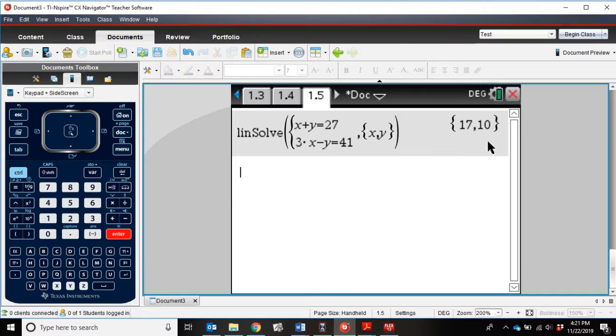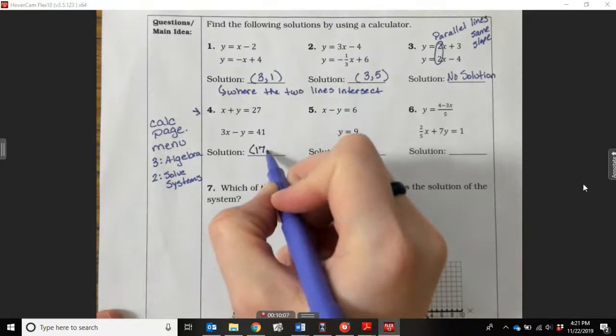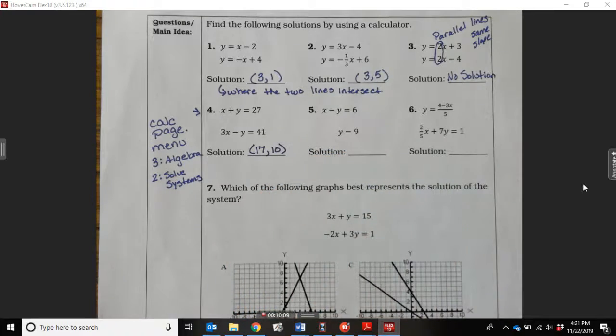And it tells me my answer is 17, 10. So if you look right here, this part is telling you that my answer comes as an XY answer, an ordered pair. So my XY is 17, 10. So that's what I'm going to type here, 17, 10.